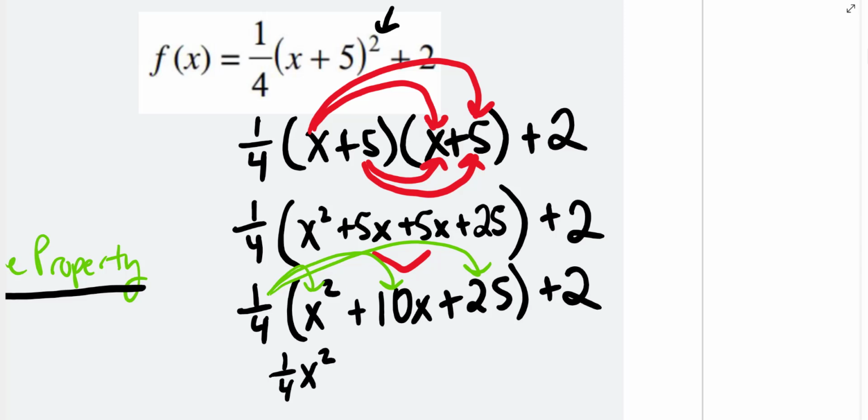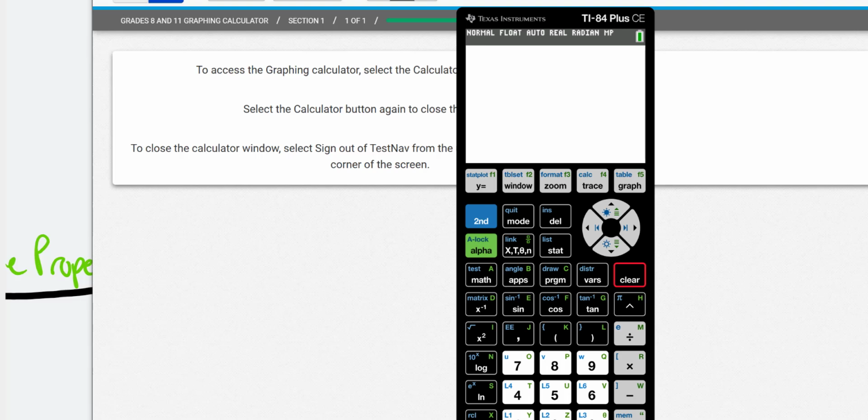For the next one, it's a little bit different. We have 1/4 times 10. All you have to do is you multiply the top number with 10. So it's going to be 1 times 10 is 10, and on the bottom is 4. Now, if you don't remember how to do this, you could use your calculator here. So remember, first, we're going to click the alpha button. Click the button next to it to get your fraction.